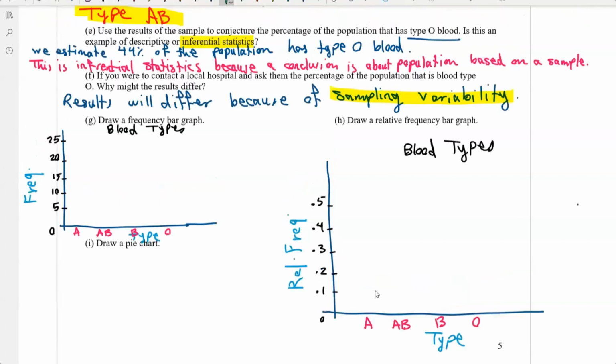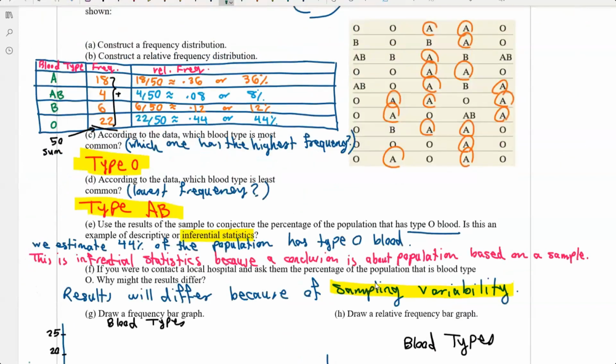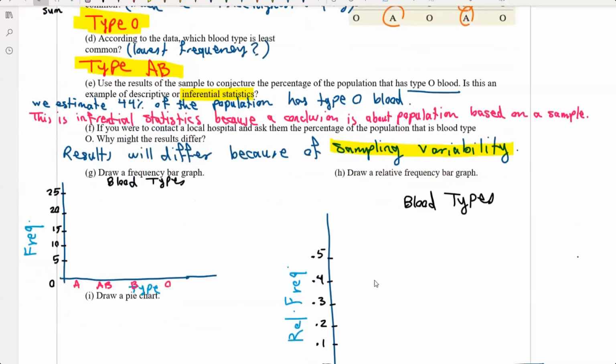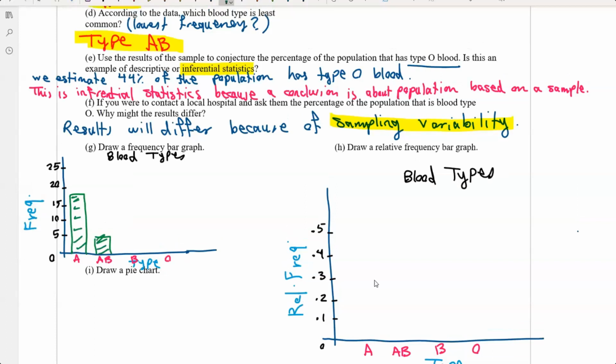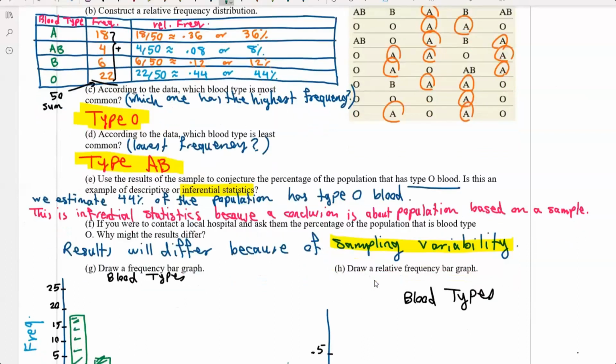Now what we have for A is 18, and we have 4. And for B, we have 6, and that is 22.